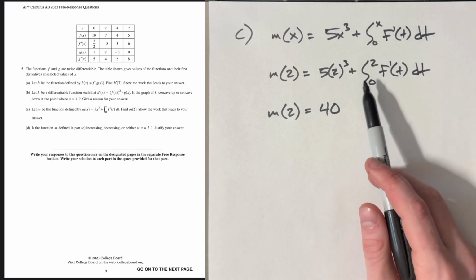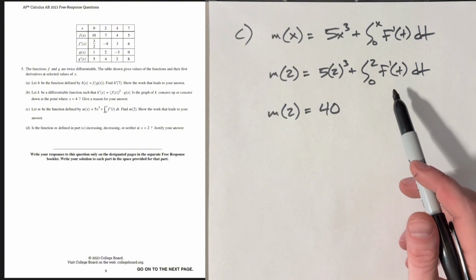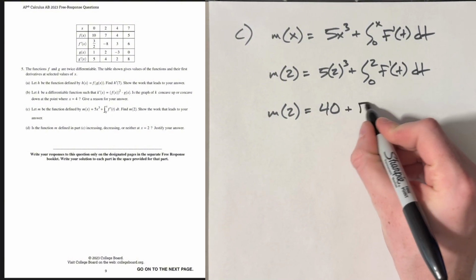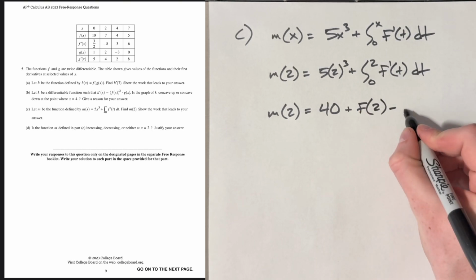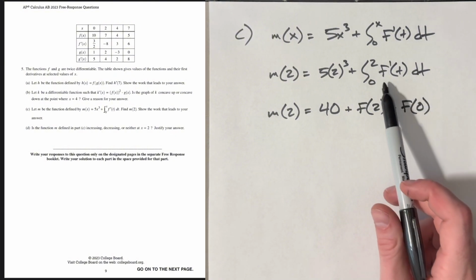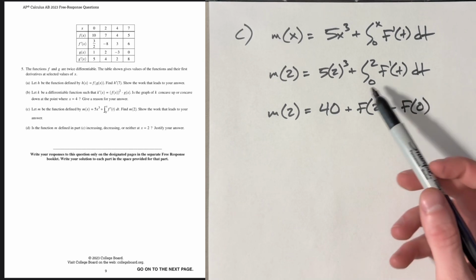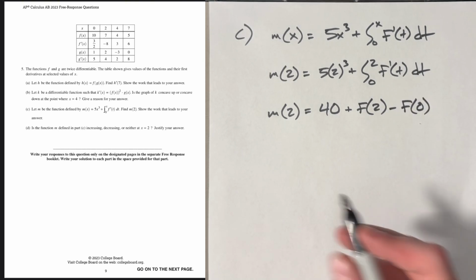And the reason is when I take the integral from any number a to b of a derivative, I know that I will get f of the first number minus f of the second number. And that is just a property of integrals. I take the antiderivative of f prime of t, I get f of t, evaluate it from 0 to 2 to get f of 2 minus f of 0.